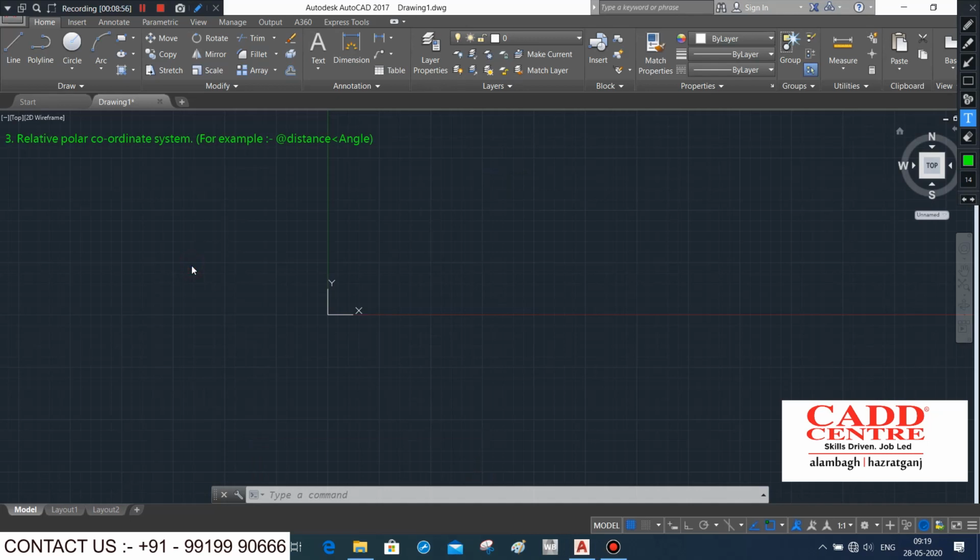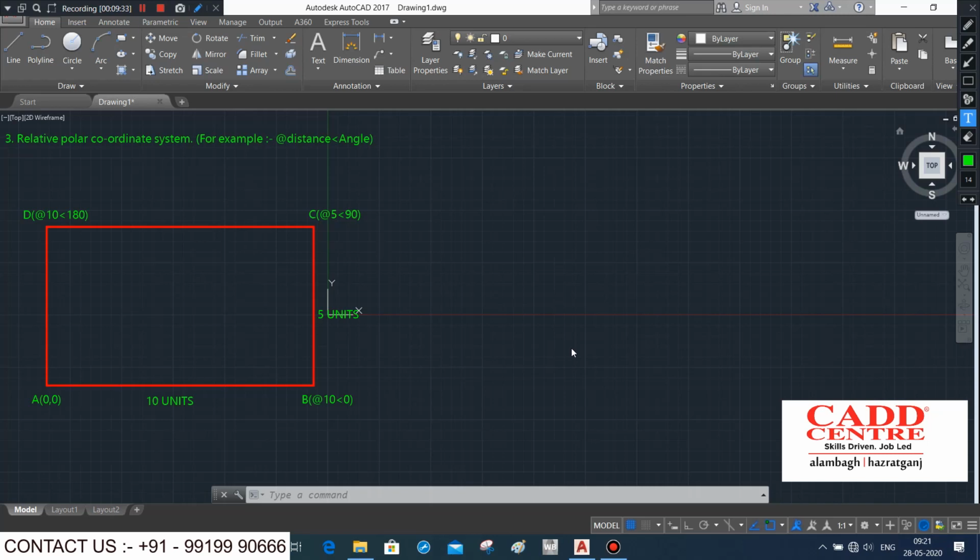Now I will discuss third type of coordinate system, that is relative polar coordinate system. Again, I will consider an example of rectangle to describe this type of coordinate system. In this rectangle, we can see that we have 4 points with its coordinates, but the only difference is that the way of giving the coordinate is a bit different as compared to the relative rectangular coordinate system.